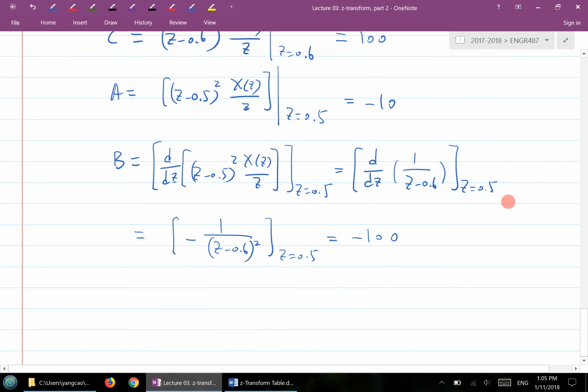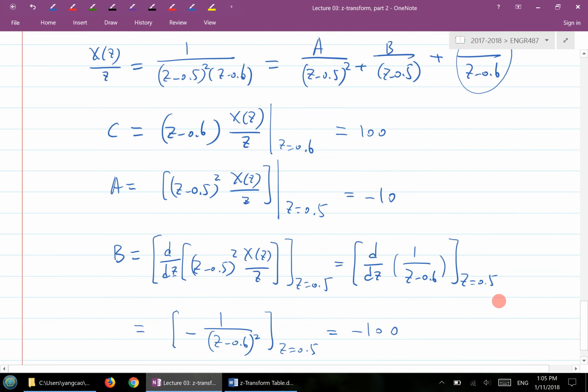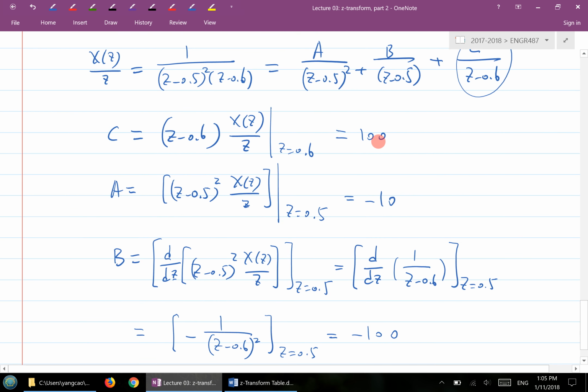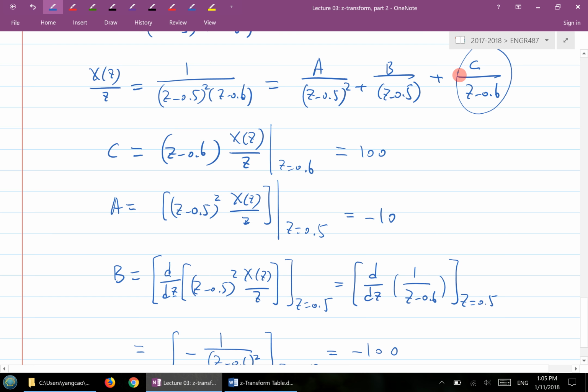The other approach is, I always encourage you to hand calculate this kind of simple case manually. But as I mentioned, you have a command called residue in MATLAB to help you find this ABC value. In this particular case, we're trying to find ABC based on a fraction, which is this.